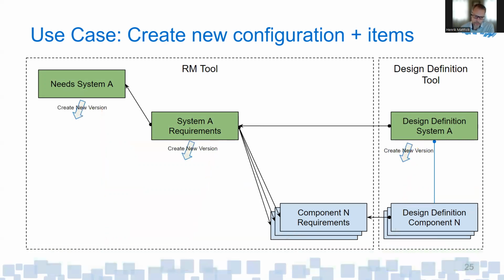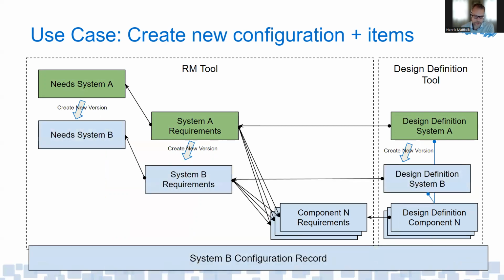And now we can do this as a one-click operation. The tool could allow me to create a new version of these things without me having to do it individually for each. And it can also at the same time adjust the trace links, so those links should be the same there, of course, in the new version.